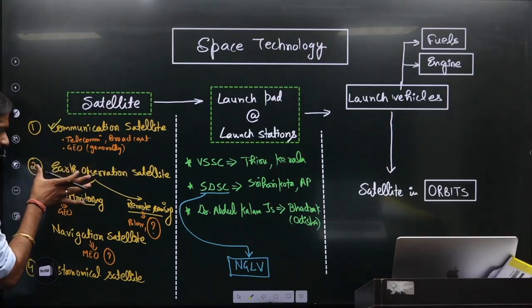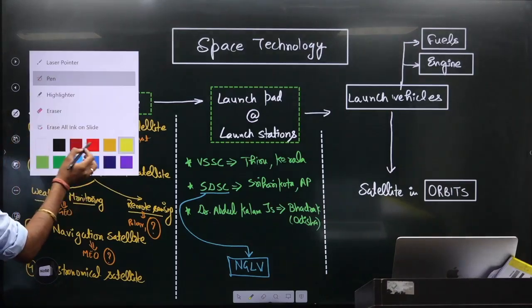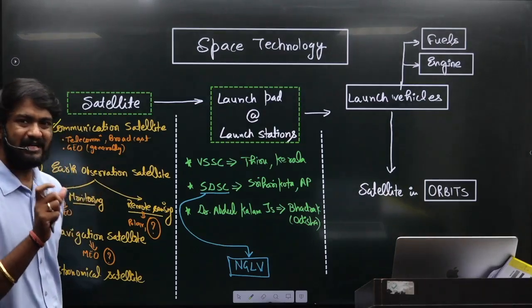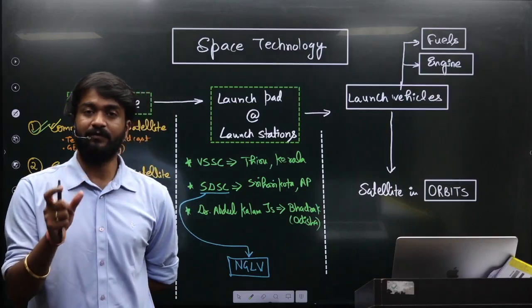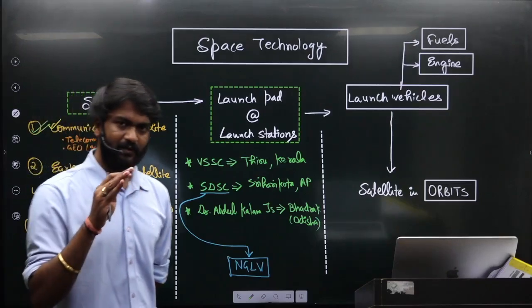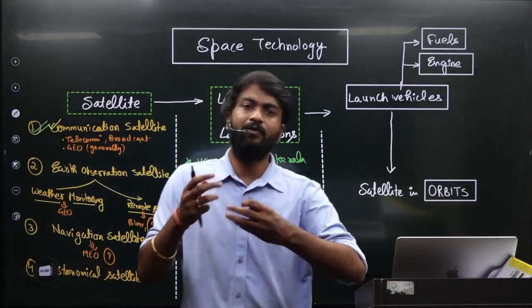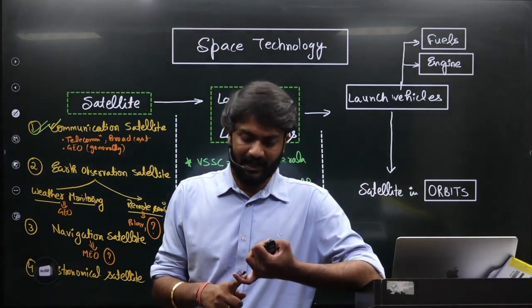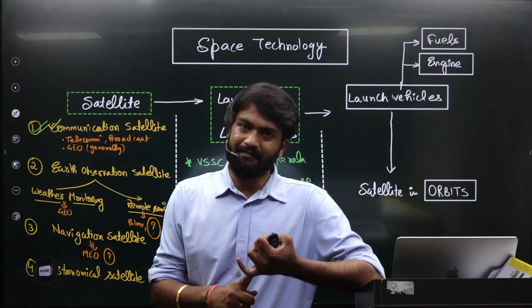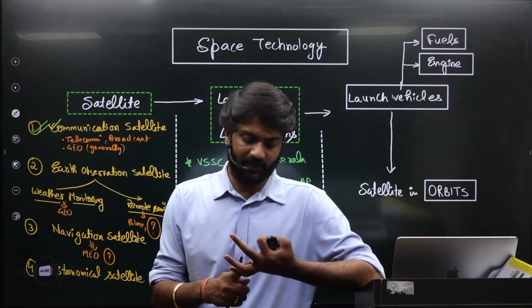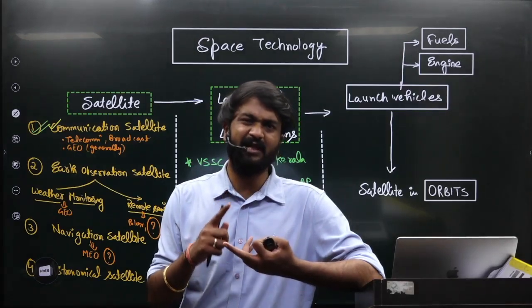Now there is a second category of satellites, which are Earth observation satellites. The main role of these satellites is to observe the Earth. Now when you observe the Earth, what will you observe? Either you will observe the weather, or the climatic conditions, or the temperatures, or the oceans, or the forest, or the environment, or the resources.